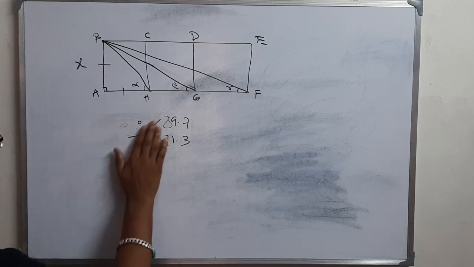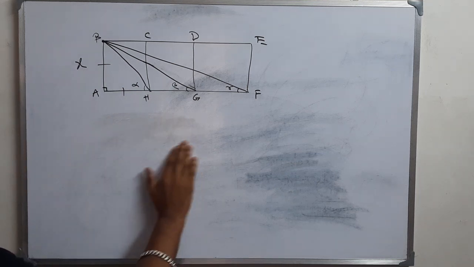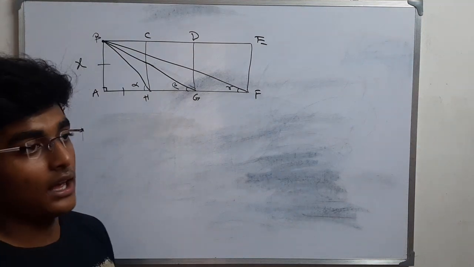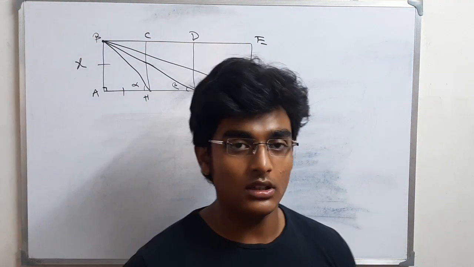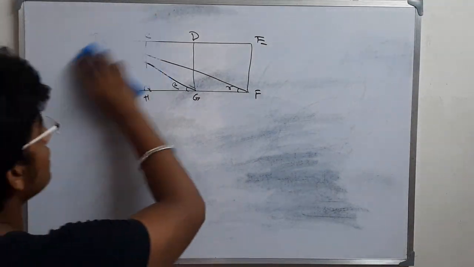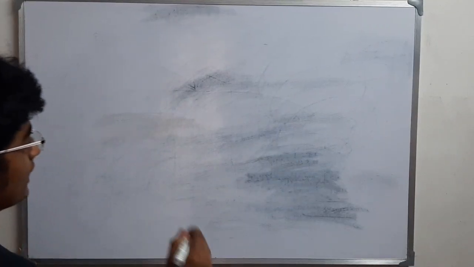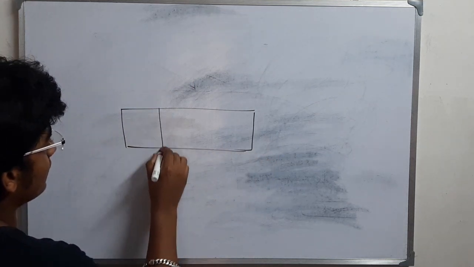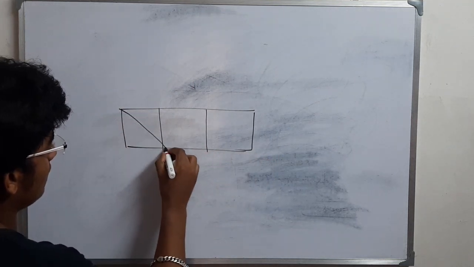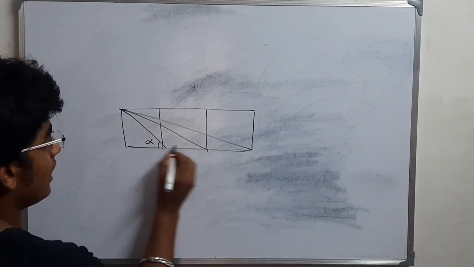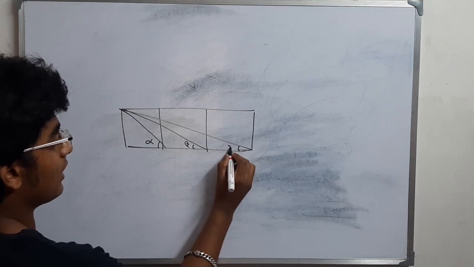Now, how can we ensure that alpha plus beta plus gamma is actually 90 degrees using basic constructions? Mathematicians believe that this construction is not a complete diagram. This was the problem given to us, with alpha, beta and gamma.